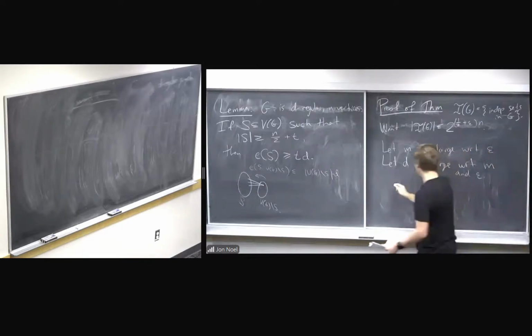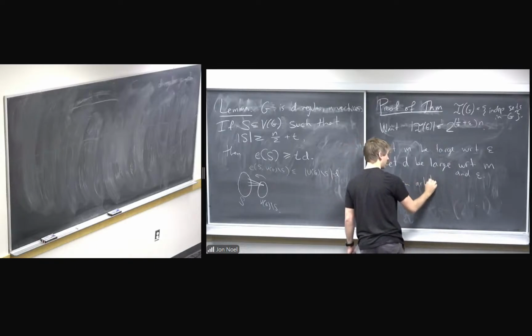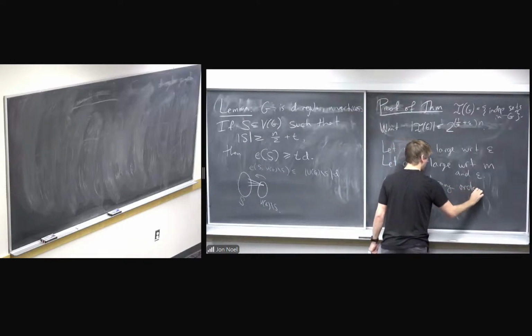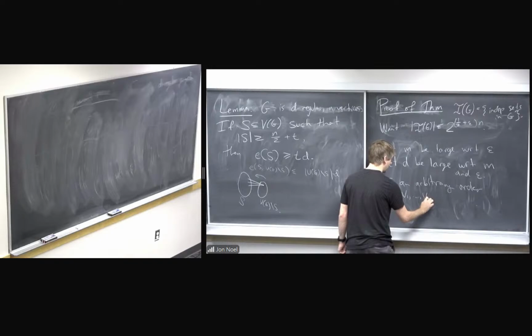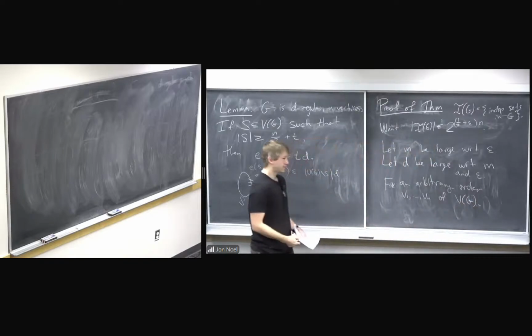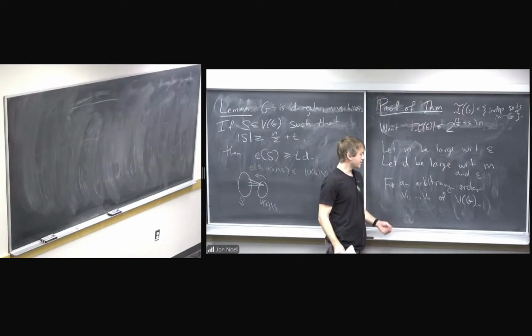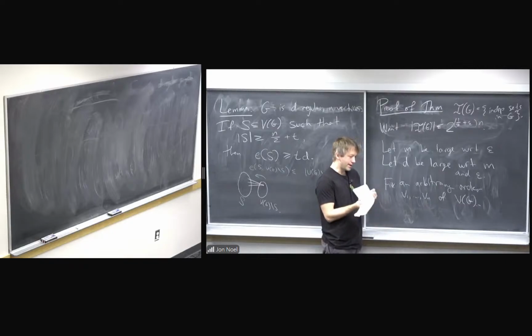Another thing we're going to do from the beginning is fix an arbitrary order v1 up to vn of the vertices of G. This might not seem important, but basically what this ordering is going to do is, as we run the algorithm, we're often going to say, pick the vertex that maximizes some parameter. But there might be a tie, right?